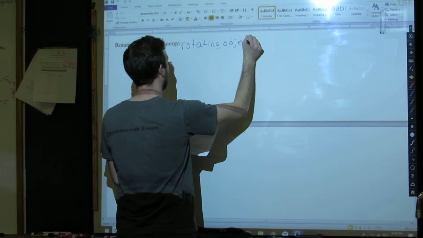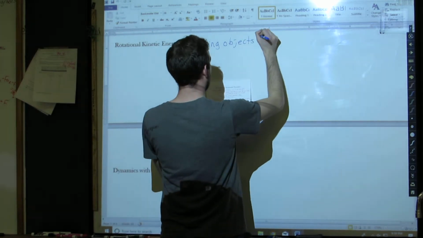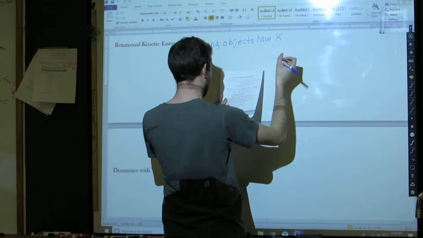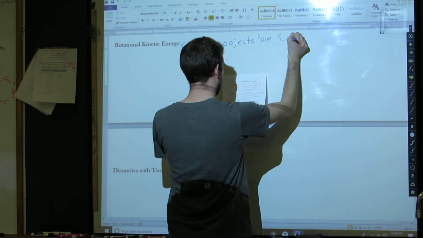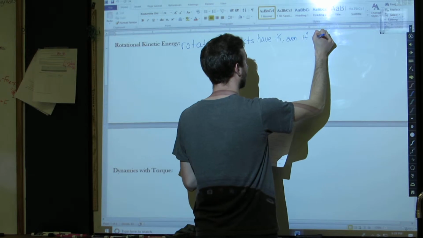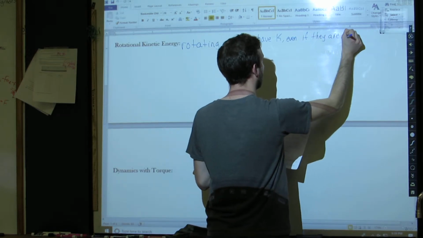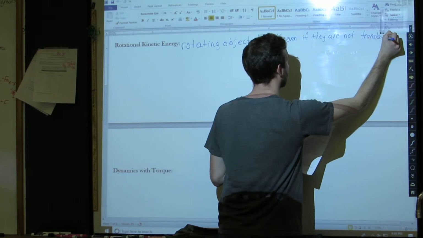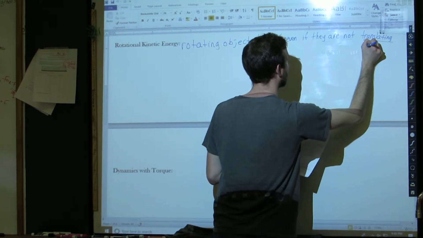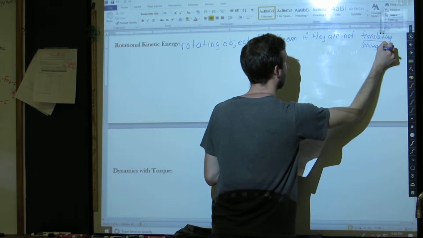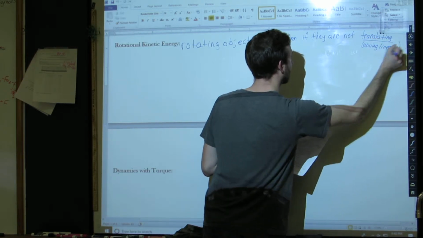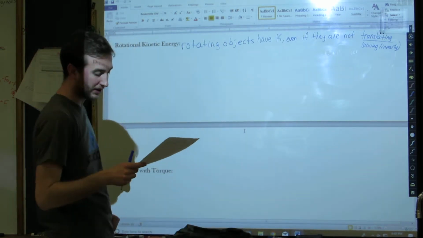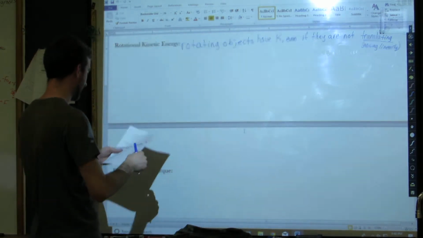Rotating objects have K, kinetic energy, even if they are not translating. And again, translating just means moving linearly. Even if they're not moving linearly, they can still have some kinetic energy.